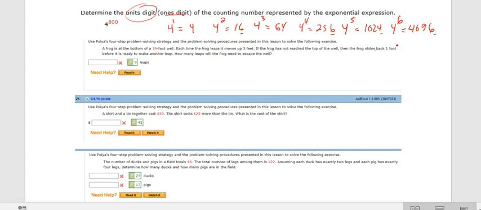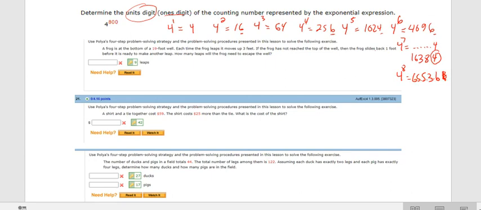So 4 to the seventh is going to be some number, but because of the pattern, I know it's going to end in a 4. So 4 to the seventh is going to be 16,384. And so I was right about this, right? So 4 to the eighth is going to give you some number that ends with 6. So that number is 65,536. Okay.